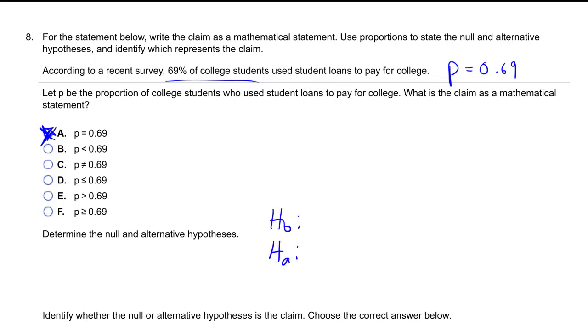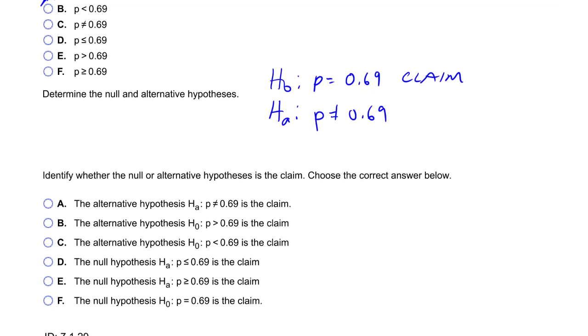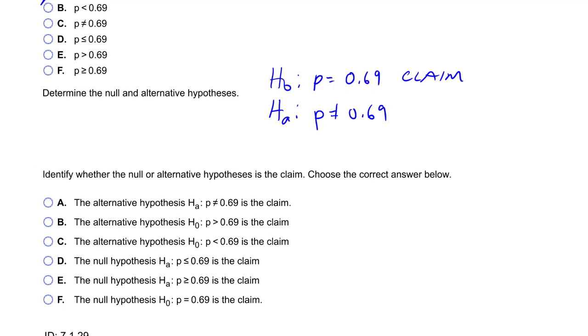Well, P equals 0.69 has the equals, so that's the null. The rest of it is P not equal to 0.69. And I'll denote that this is the claim right here, so that I can easily answer the next part, which is the claim. The null hypothesis, being equal, is the claim.